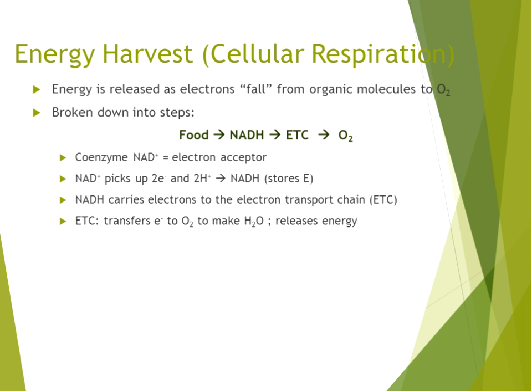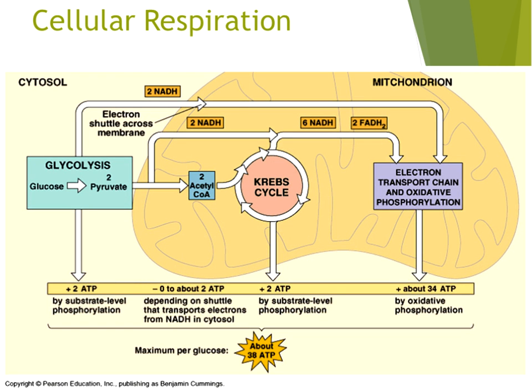Then the NADH carries those electrons to the transport chain, and then that transport chain is going to transfer those electrons to oxygen to make water, and in that process, energy is released from that transferring. Okay, so let's look at it a little bit with the diagram. Makes a little bit more sense here.